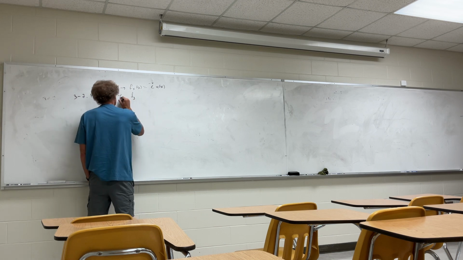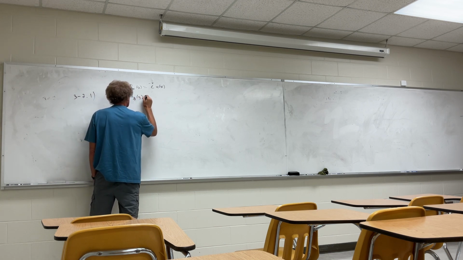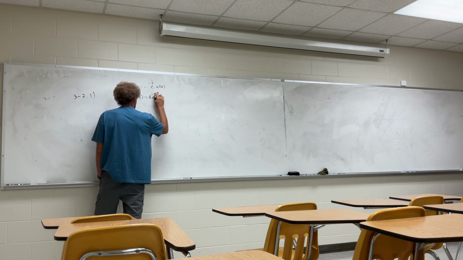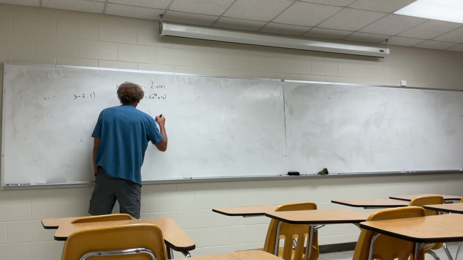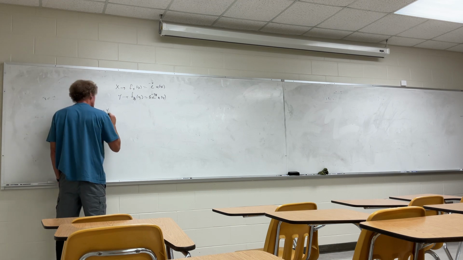And an independent random variable y has a PDF of f of y equals 3e to the negative 3y times u of y. And z equals x plus y, I think.